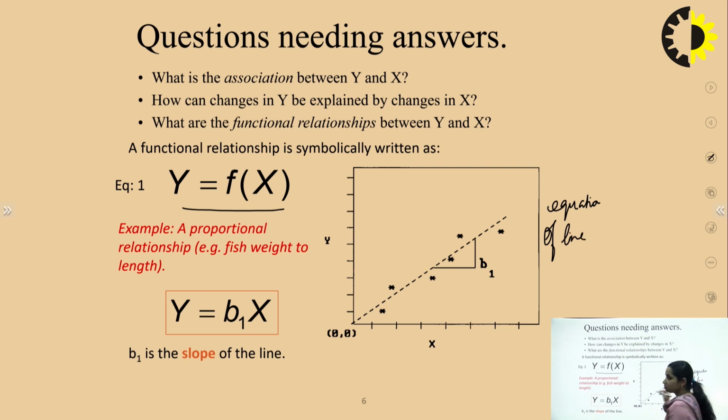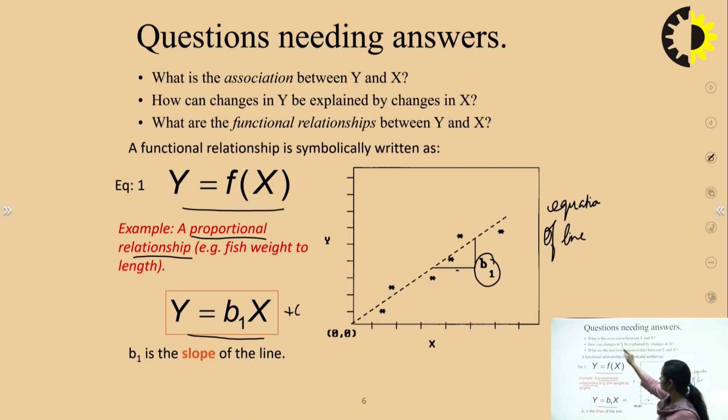This is telling us that y equals b1 x plus c, where b1 is the slope. So this is the proportional relationship.